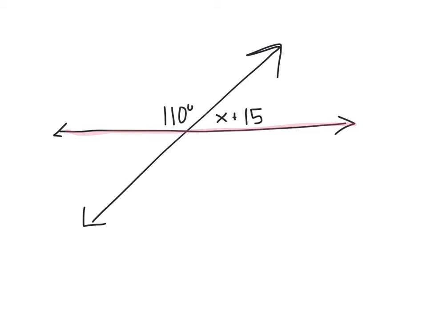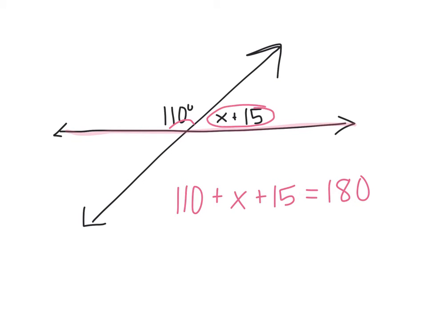In order to solve for this, we are going to set up an equation: 110 plus x plus 15 equals 180. I got this angle here and this angle here equals 180 together, combined. So that's where I got my equation from.